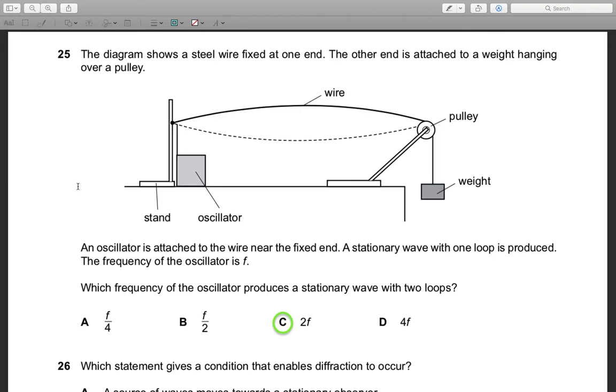Two loops is the same as two times the frequency before. If the frequency before is F, two loops is equal to frequency 2F. So the answer is C, 2F.